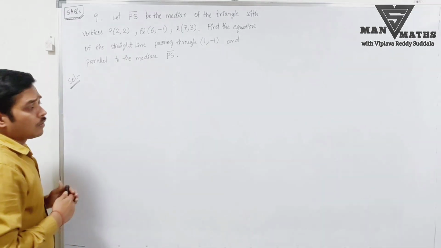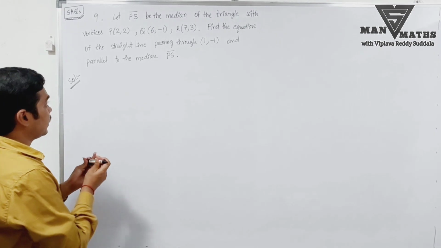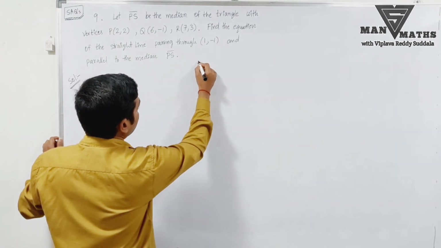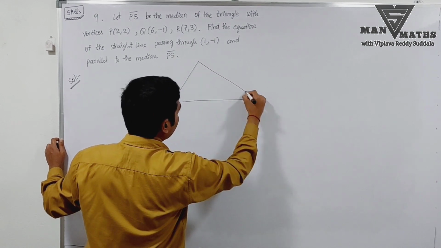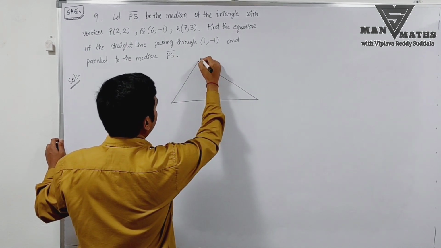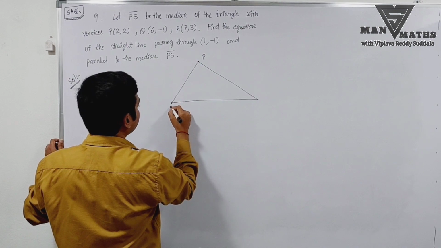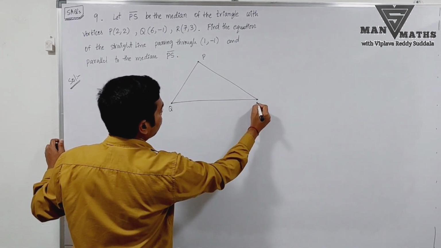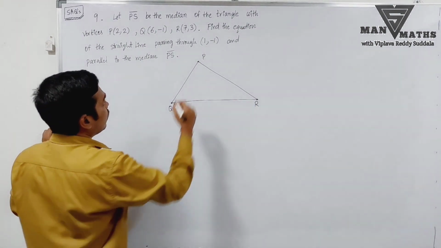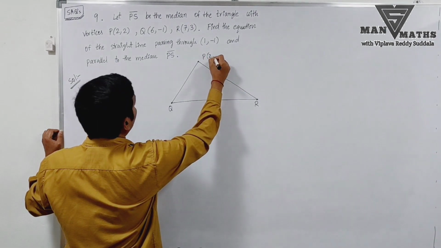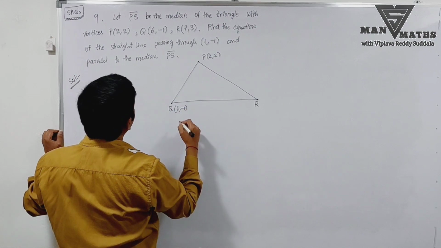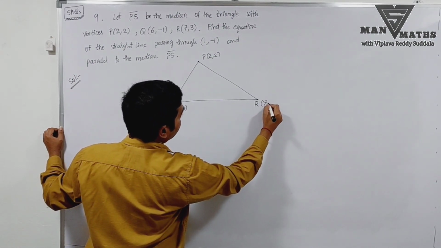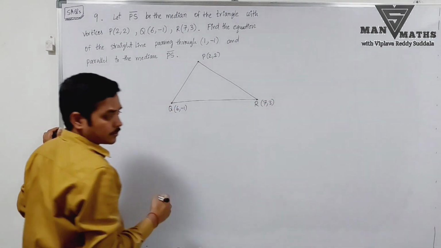What is the median? For example, this is triangle PQR. This is vertex P, this is vertex Q and this one is vertex R. Already P is given as (2, 2), and (6, -1) is the vertex Q, and (7, 3) is the third vertex.